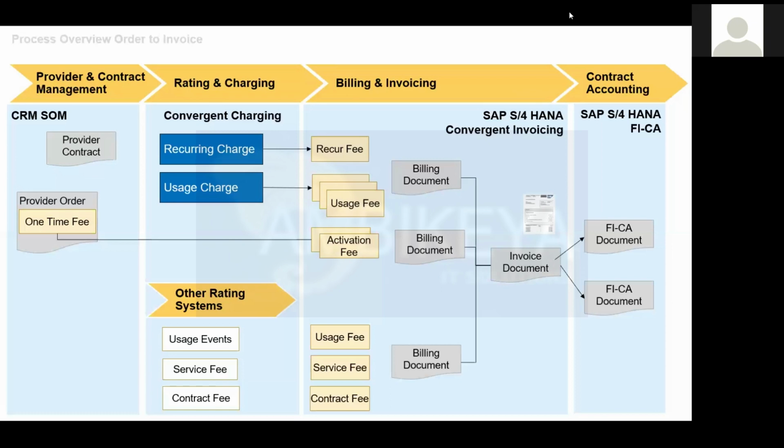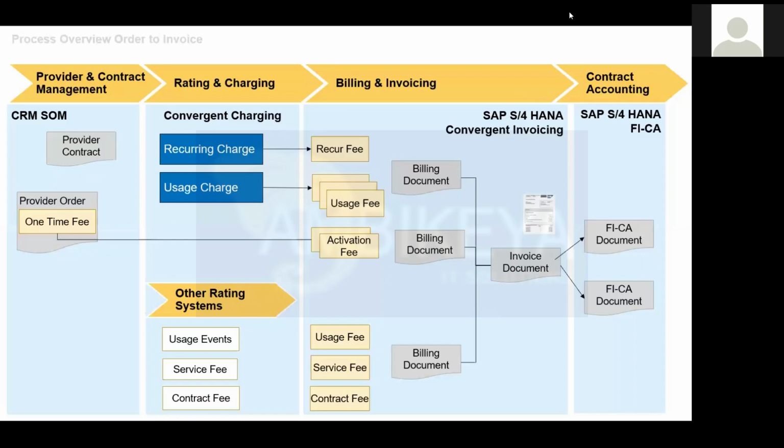And we have the provider and subscription contracts then in both. From the process side, we are able to create recurring charges in convergent charging, or also, which is a newer feature, in convergent invoicing. We also have usage charges here. They are created with the trigger of usage data records.